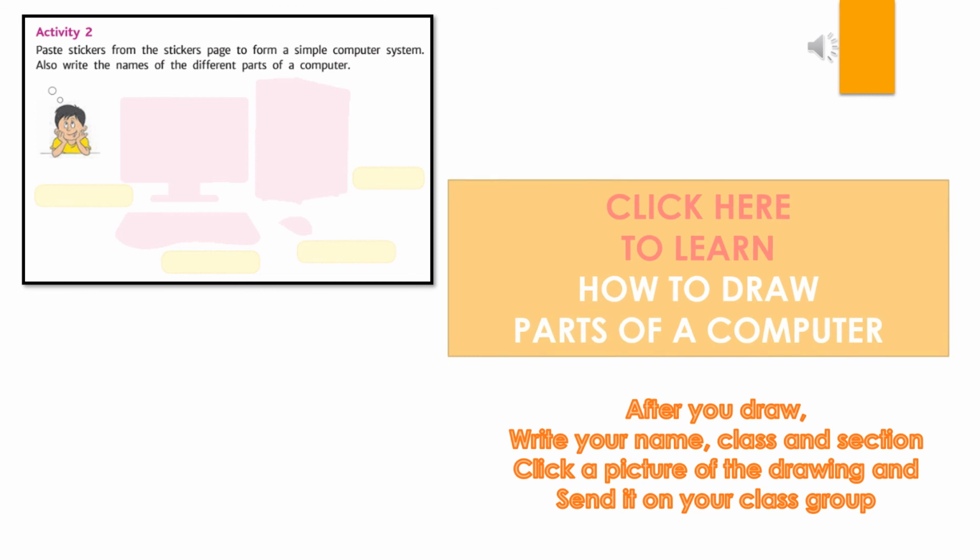Also, I want all of you to click on the button here to learn how to draw the parts of a computer. It has a very nice video where you can take guidance to draw the parts of a computer. And remember, children, to write your name, class and section and click a picture of the drawing and send it to your class teacher in the group.